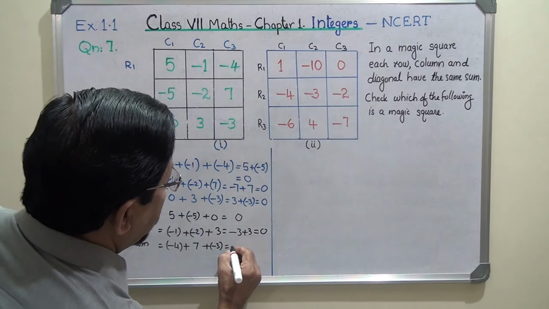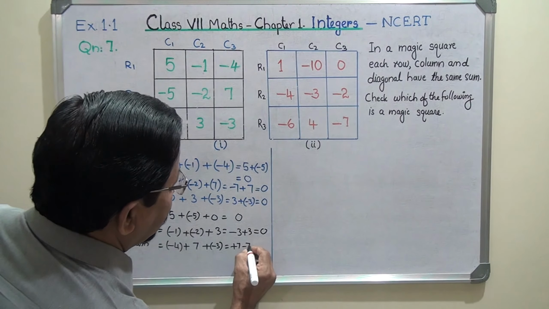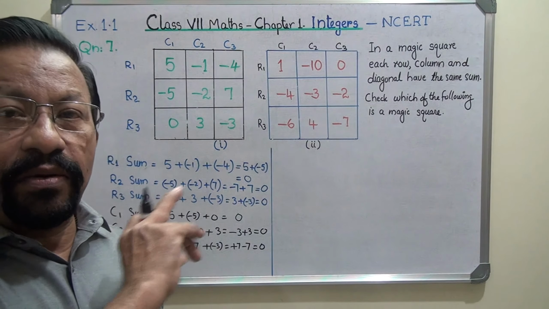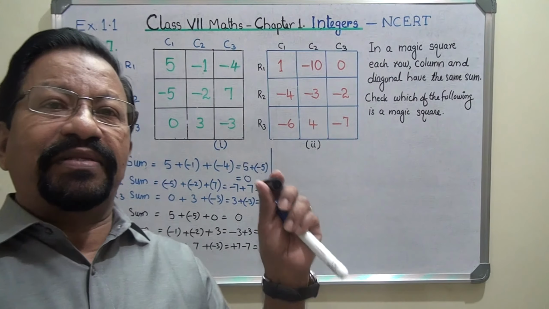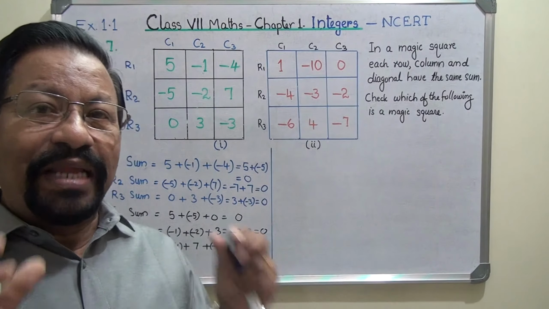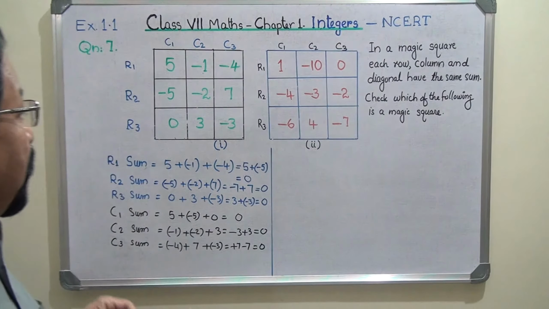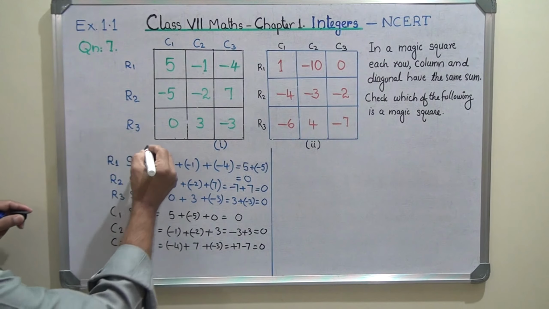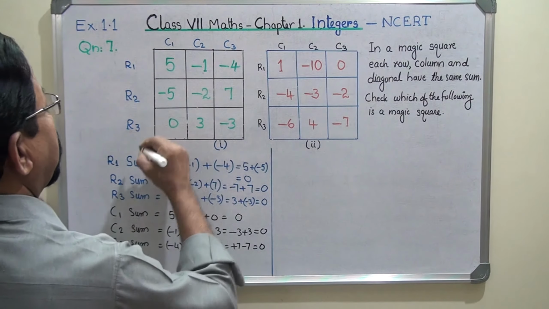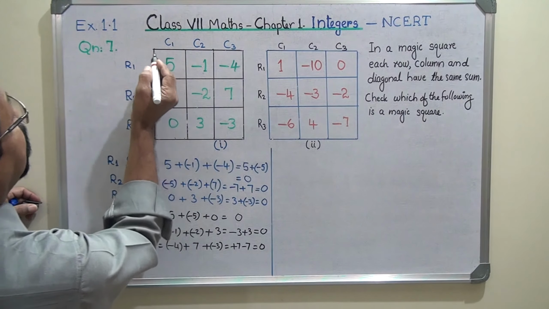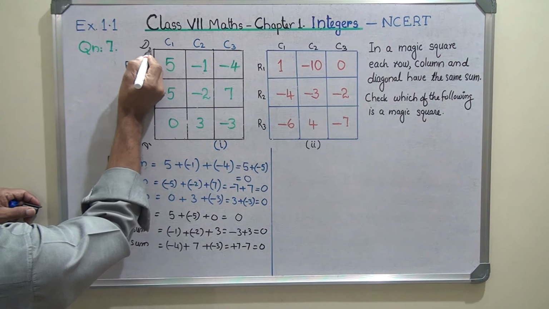So the answer is plus 7 minus 7, which is equal to 0. So for all the 3 rows and all the 3 columns, we got the same answer: 0, 0, 0. Now we have to check the sum of the diagonals. Diagonals: D1 is this corner, and from this way, the opposite way, any way you can take, is D2.